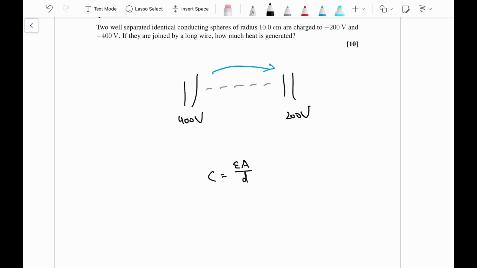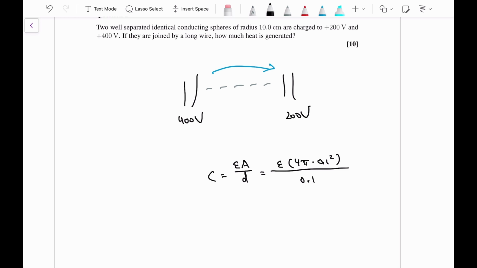So in this case, the capacitance will be equal to epsilon, and the area will be 4 pi r squared. So 4 pi, 0.1 squared over the distance. Distance will be the radius.